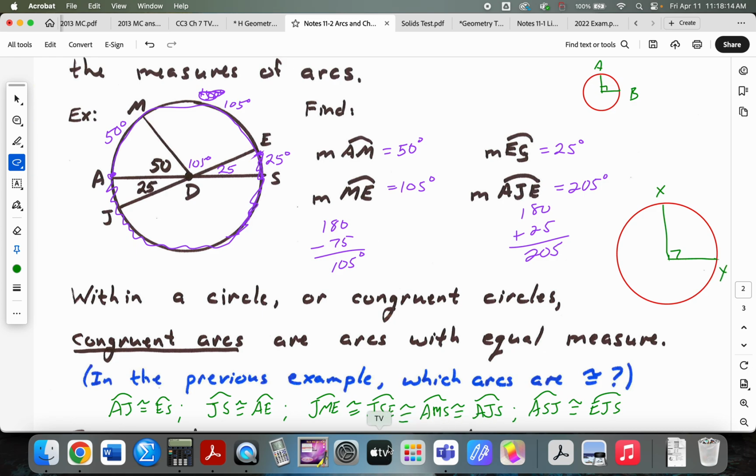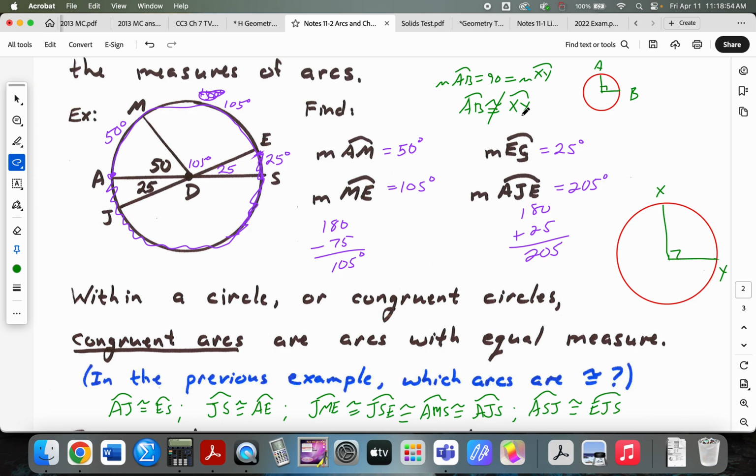So, what's the measure of arc AB? 90. What's the measure of arc XY? Is arc AB congruent to XY? Because why? That's why it's big. Yeah, XY is bigger.